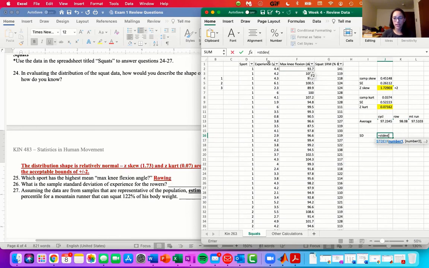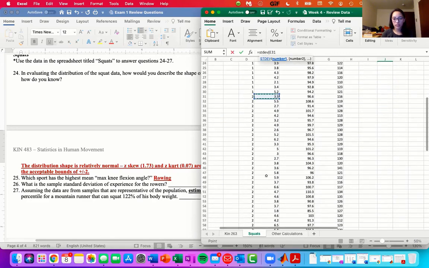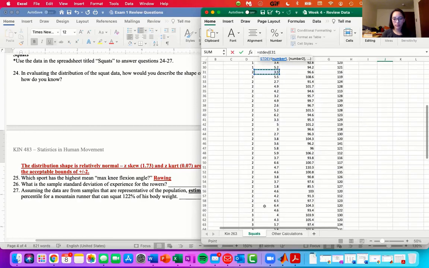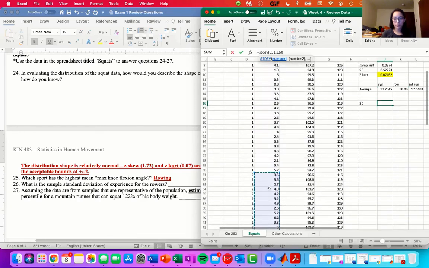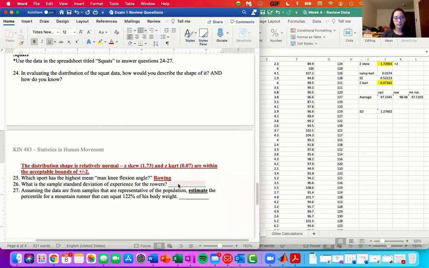So standard deviation of experience of anyone who has a data label of 2, because 2 represents rowing. Okay. So I get 1.2, let's round up, 1.28 years. And that would be my answer for that one.